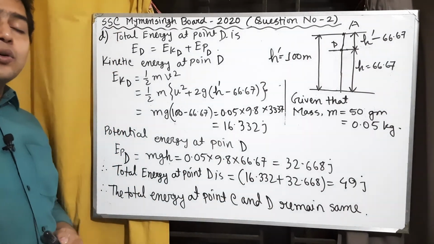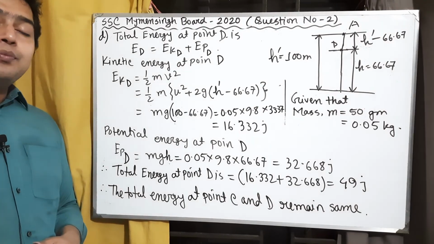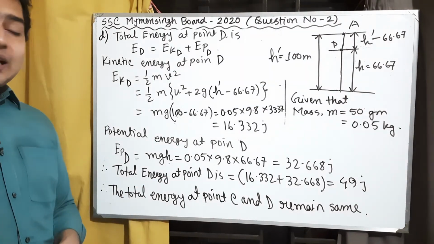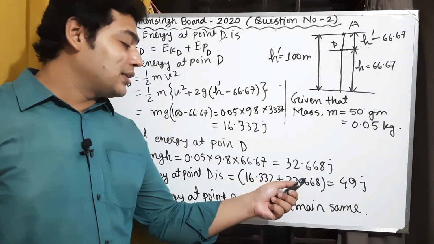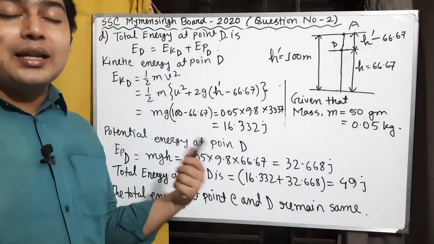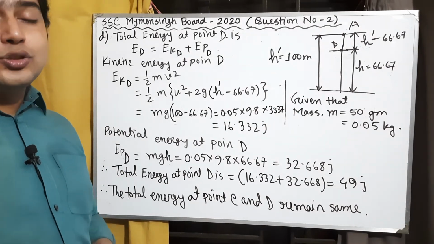So the total energy at point D is 16.332 plus 32.668, and that is 49 joules.